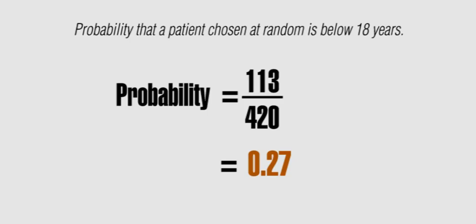So our event is 113, and our total sample space is the total number of patients, which is 420. So the probability of patients who are aged below 18 will be 113 divided by 420, which is 0.2690, approximately 0.27.